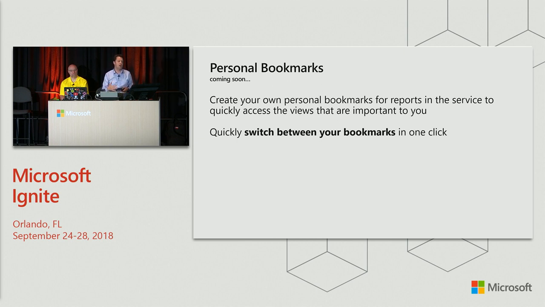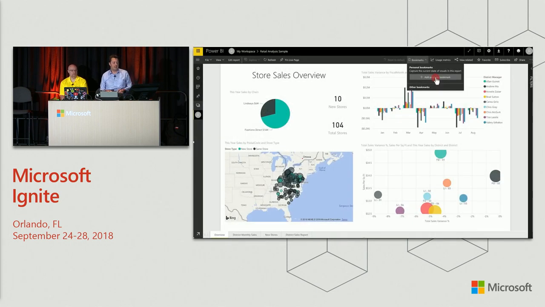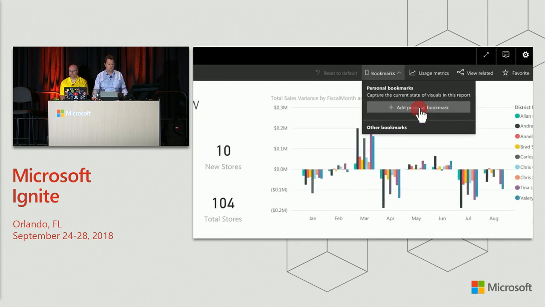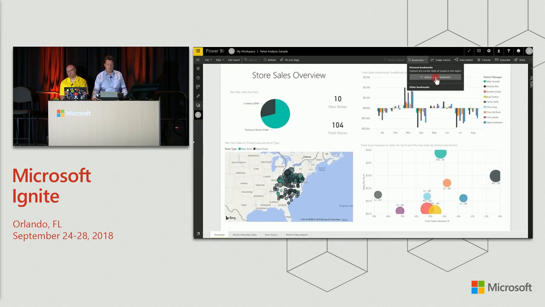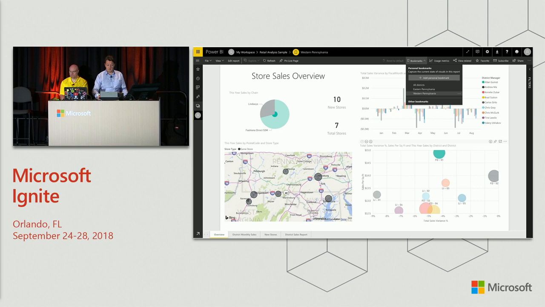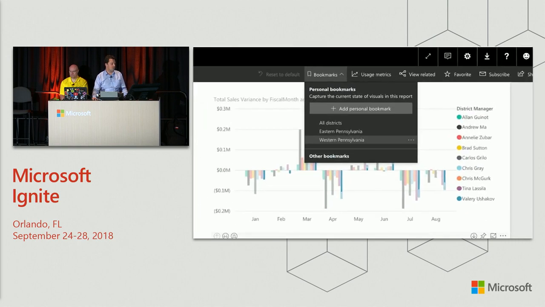Now, we don't have this in the cluster right now, but I wanted to show you a quick slide click-through for how that's going to work. So the first thing that you'll notice is at the top of this report, we have a new personal bookmarks page. And when you click on it, you could click to create a new bookmark. It will allow you to go create a new bookmark here.